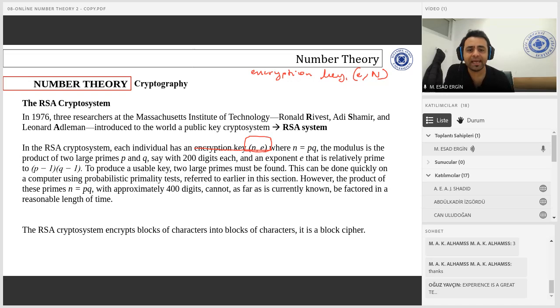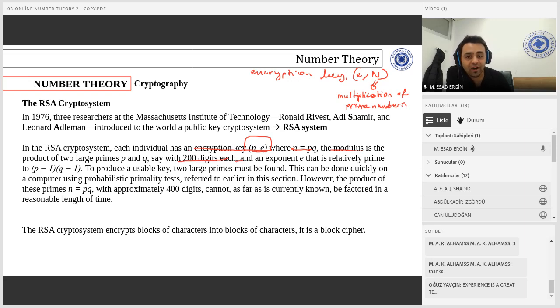This is the capital N, and this capital N should be a multiplication of two prime numbers. The modulus is the product of two large primes P and Q, say with 200 digits each.